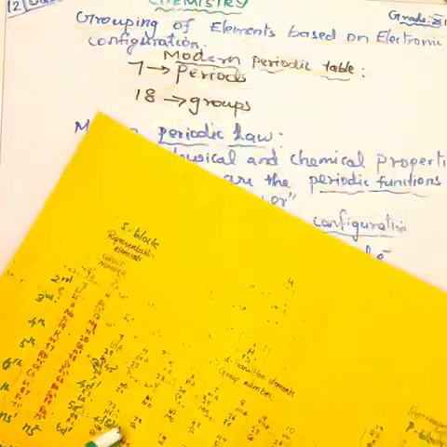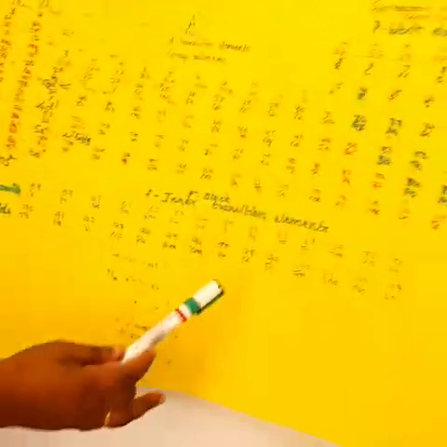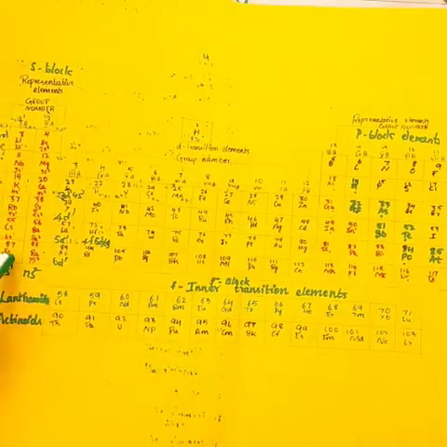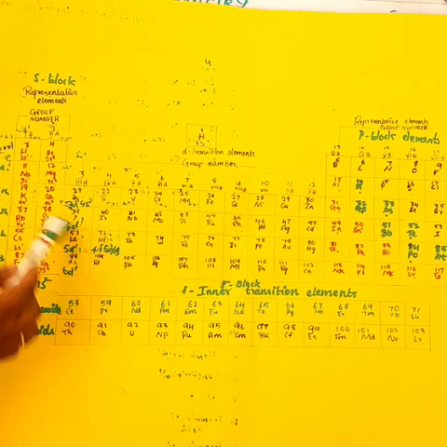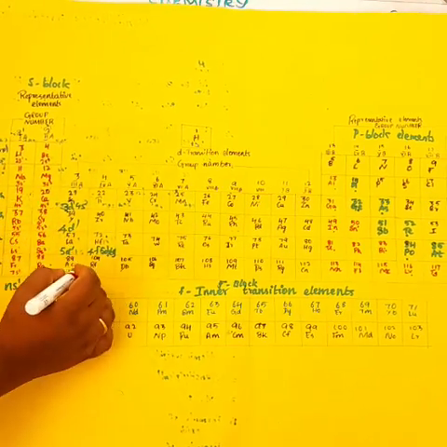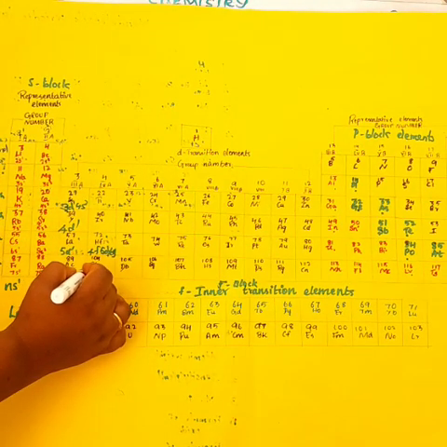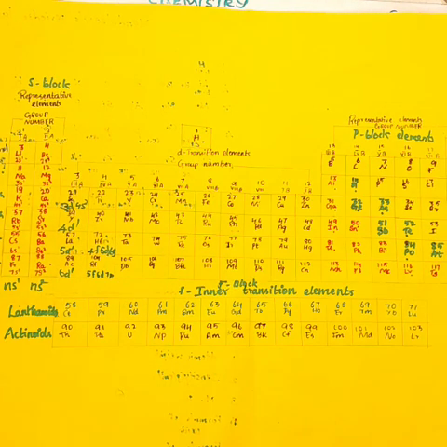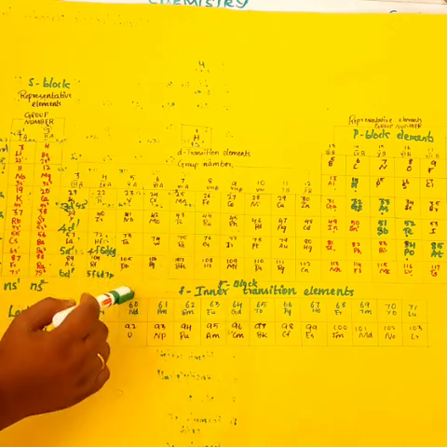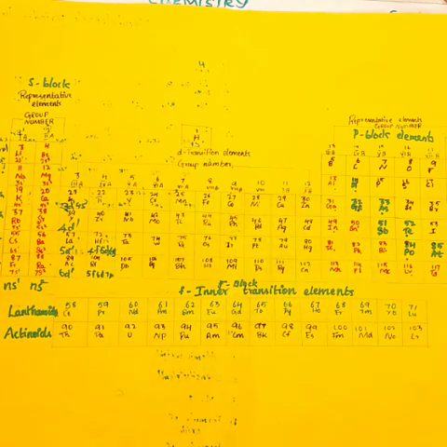Francium starts from 7s1 and is followed by 5f, 6d and 7p, totally 32 elements, and it ends with oganesson. Francium 7s1 to oganesson 7s2 7p6. Understood?